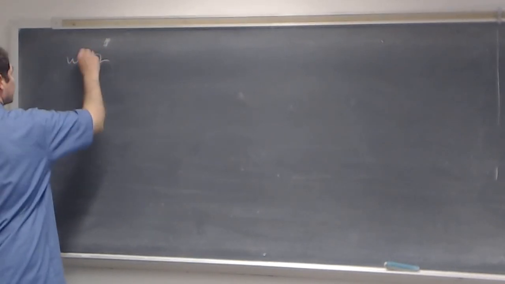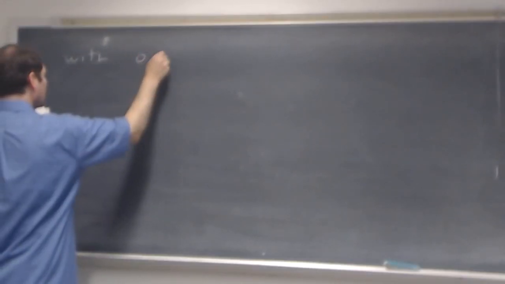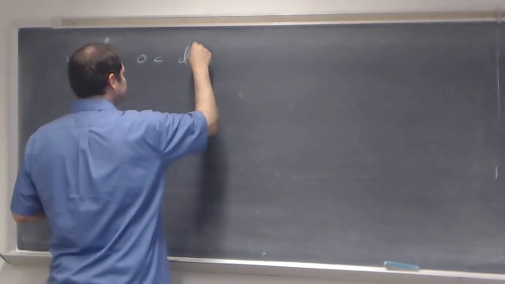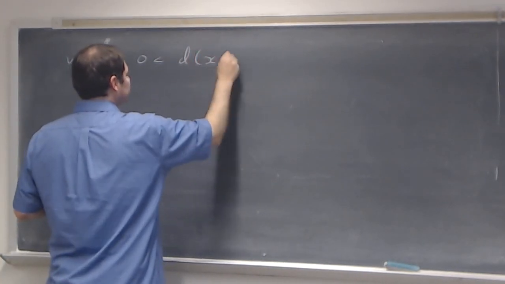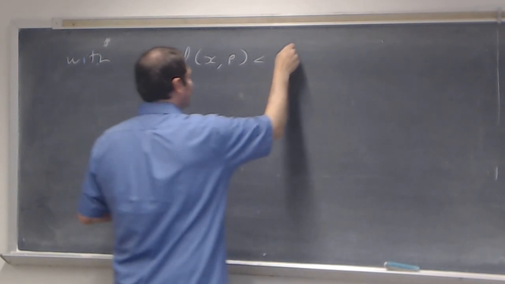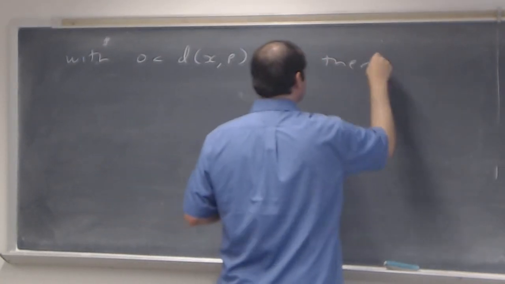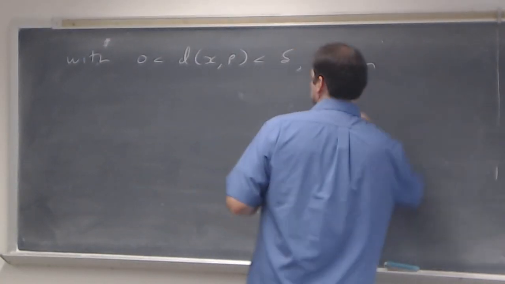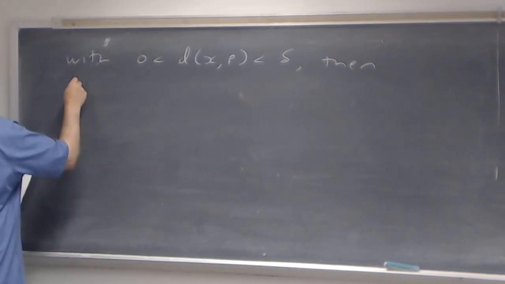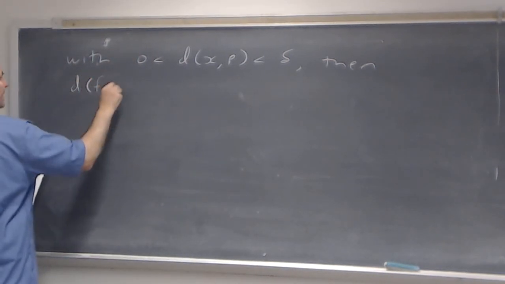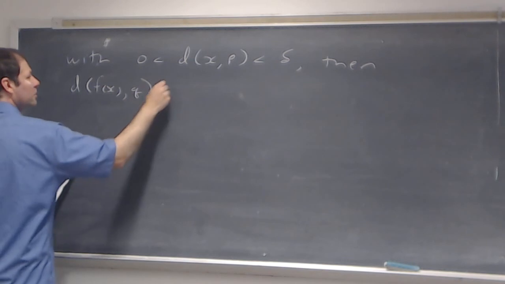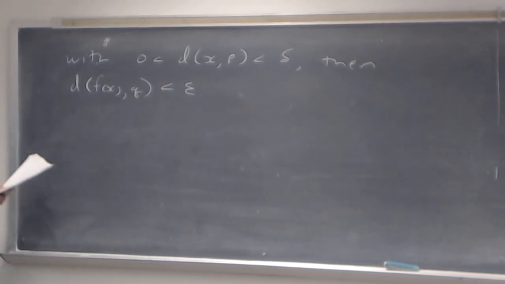With 0 less than the distance between x and p being less than delta, then the distance between f of x and q will be less than epsilon.